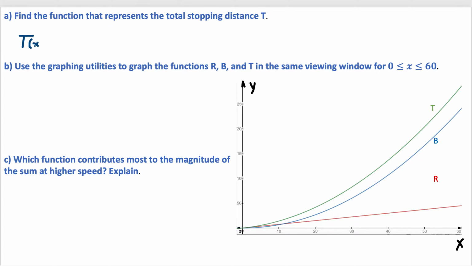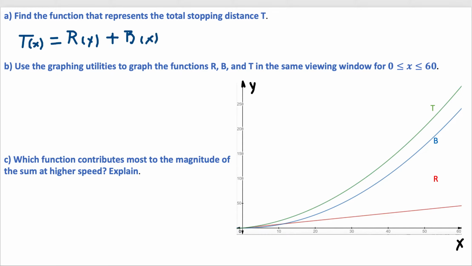So T of x is equal to the driver's reaction time, which is R of x, plus the driver's braking function, which is B of x.